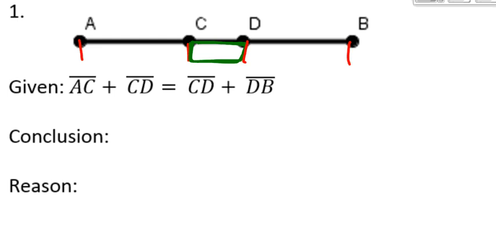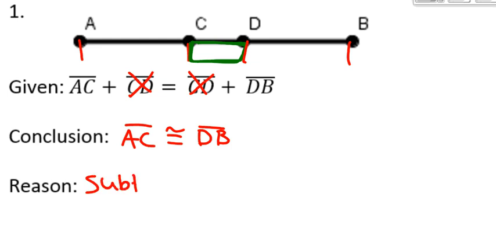So what can I conclude from that? Well, I can conclude that line segment AC is congruent to line segment DB, because if I take out CD from both of them, that's what I'm left with. I subtract it away. So I'm going to go with the subtraction property.